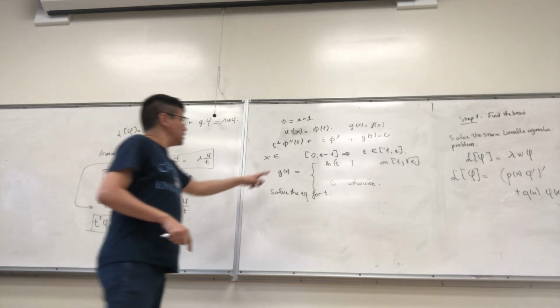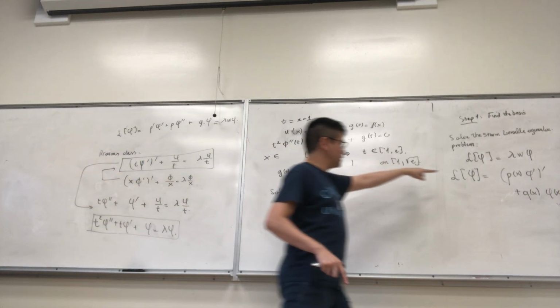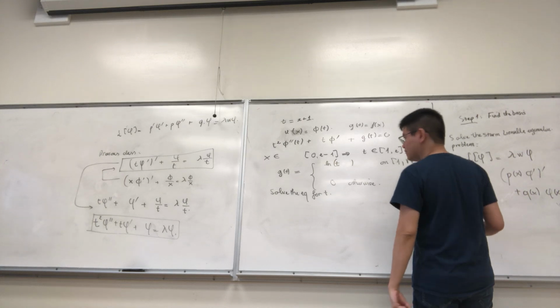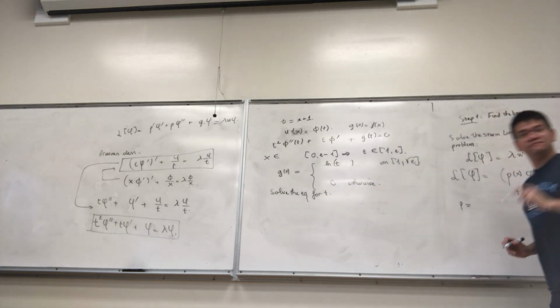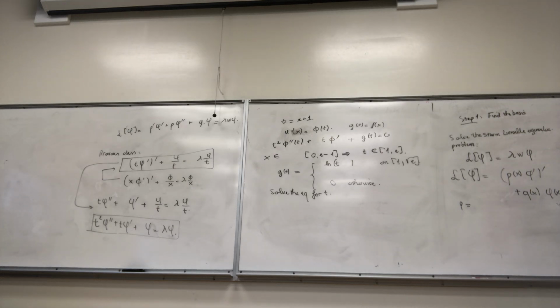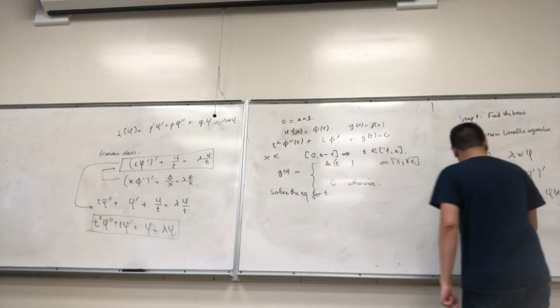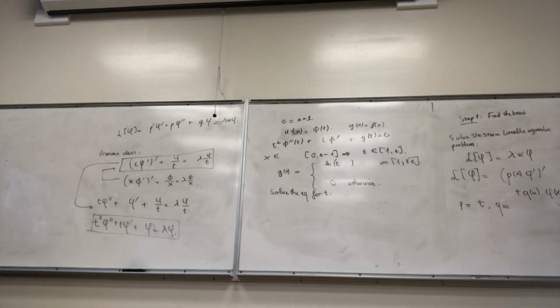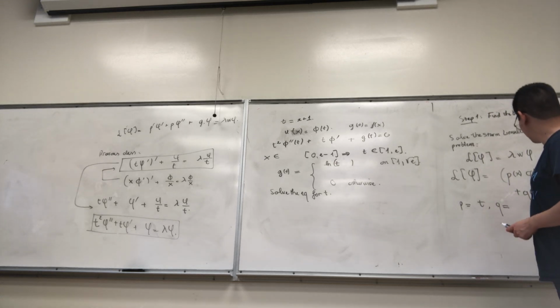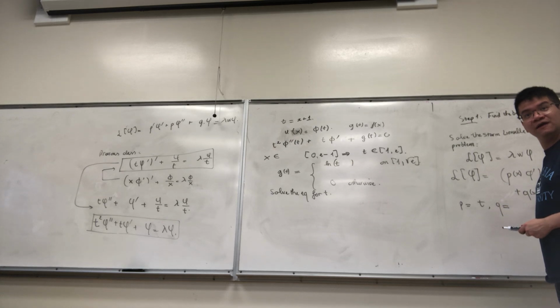So now in this case, the p will be what? The p will be t squared. Sorry, t, yes. And the q will be, no, the q is the one associated with this one.